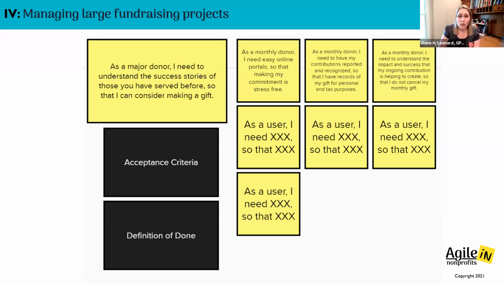The reason that the user story format like this could be helpful is that it can help take your planning and your brainstorming around a big fundraising project, something like a huge annual goal, a capital campaign, the big grant revenue goal that you have been given.